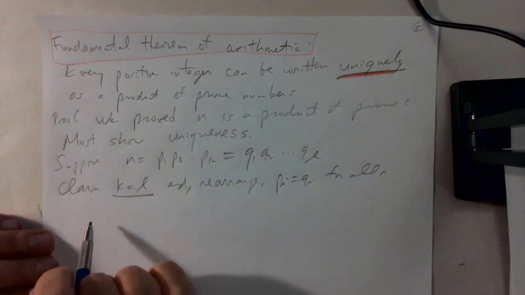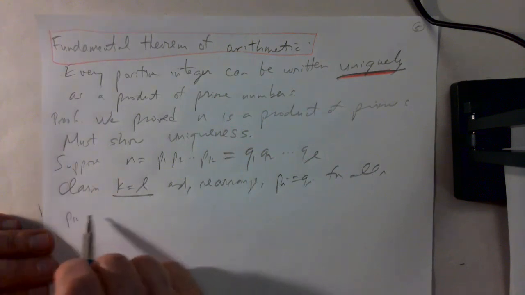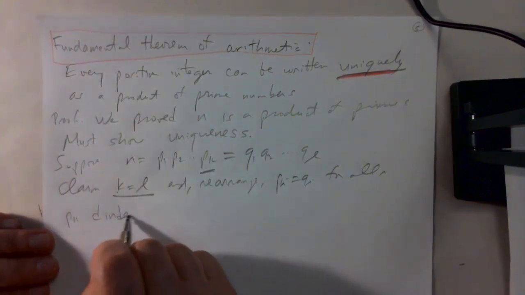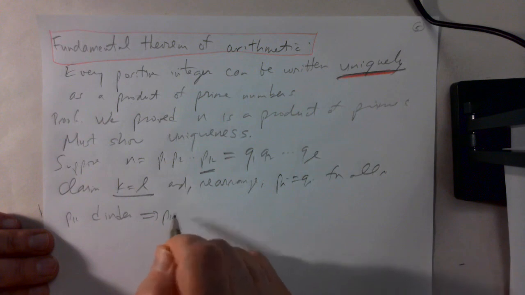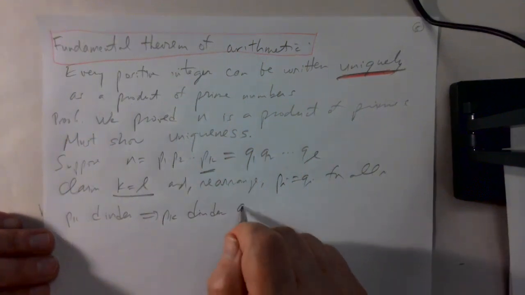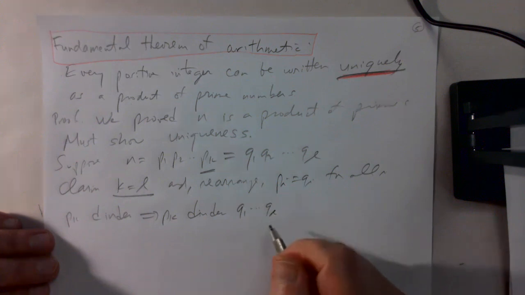Okay, well, let's see. pk, here it is, divides n. So pk divides q1 up to ql.